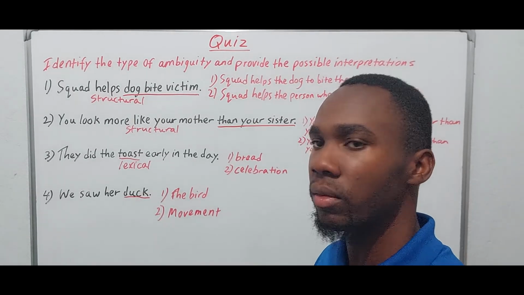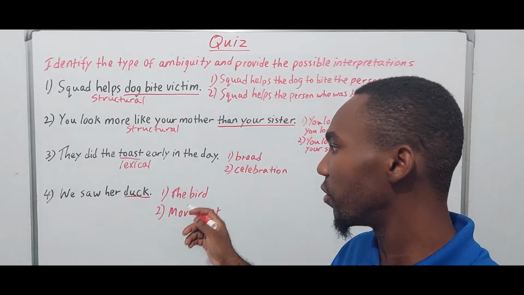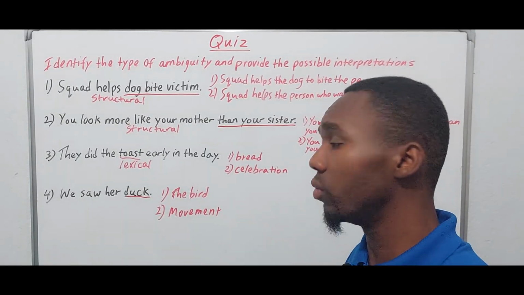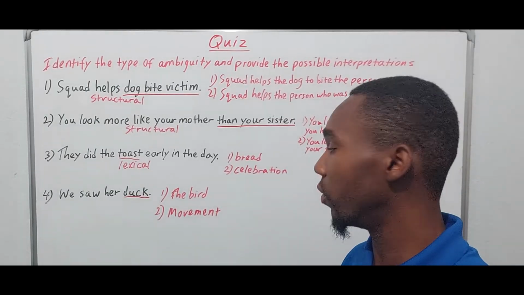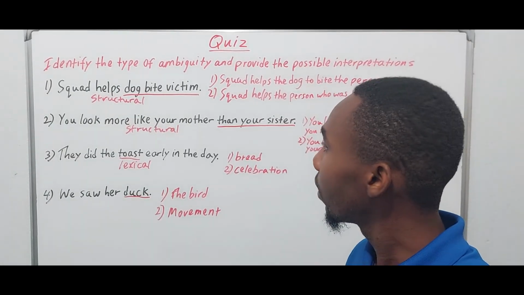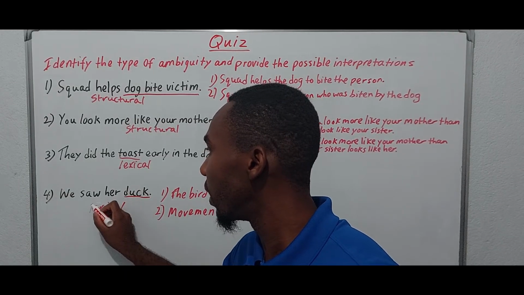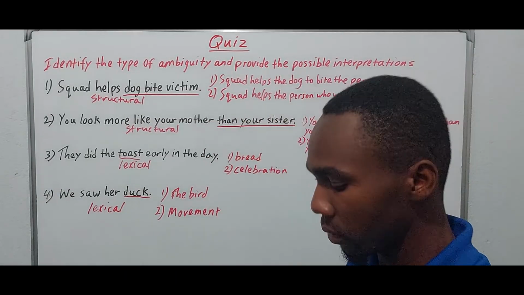We saw her duck. On one hand, we could be referring to the bird, or on the other hand, we could be referring to movement, ducking out of the way. And that would, of course, be lexical, because without the sentence, it would still be ambiguous. All right?